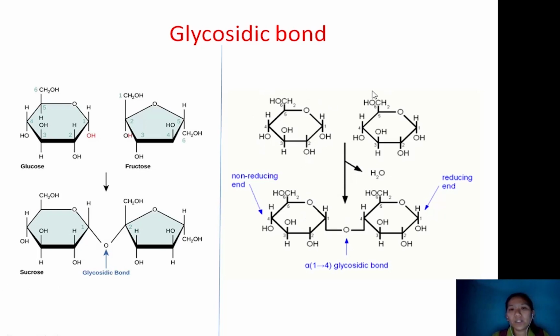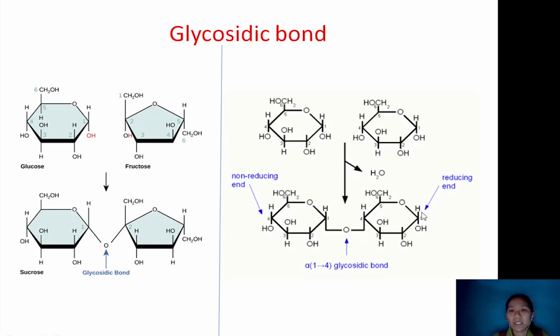Now another example, let's see maltose. Here glucose and glucose combine, bonded by a glycosidic bond to form maltose. The glucose at carbon number 1 and the next glucose at carbon number 4 are bonded by a 1,4 glycosidic bond, and this bond formation is accompanied by the release of water.